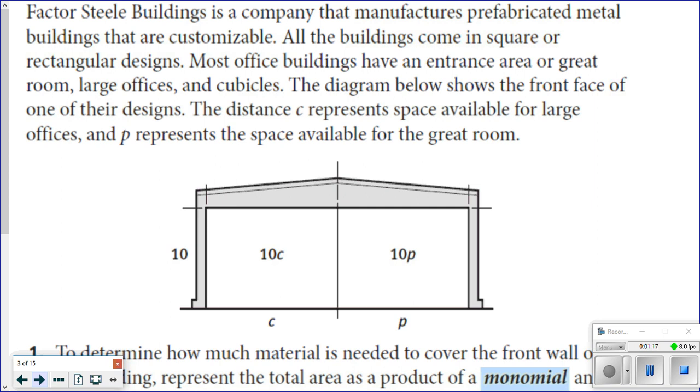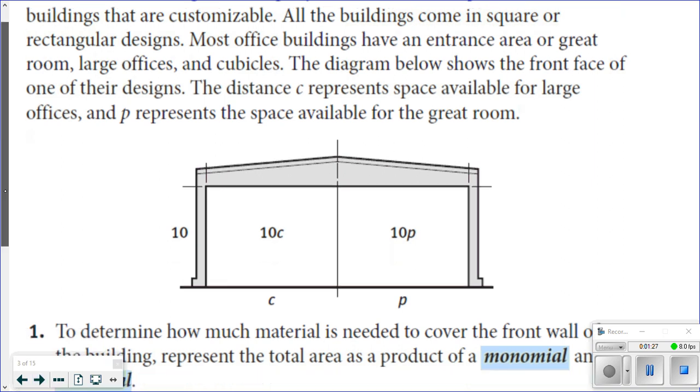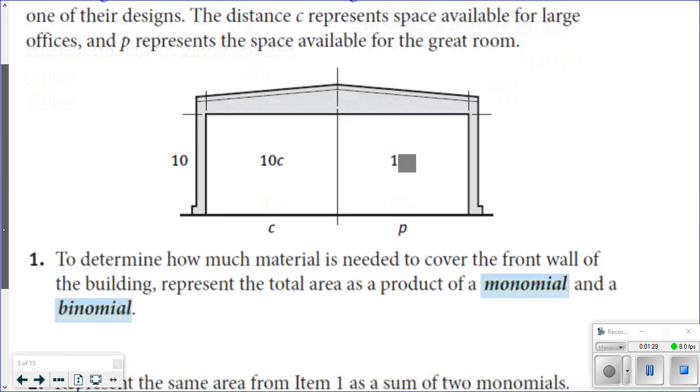The distance C represents space available for large offices, and P represents the space available for the great room. So if we're looking at the figure or the picture, C right here is the offices, P is the great room.